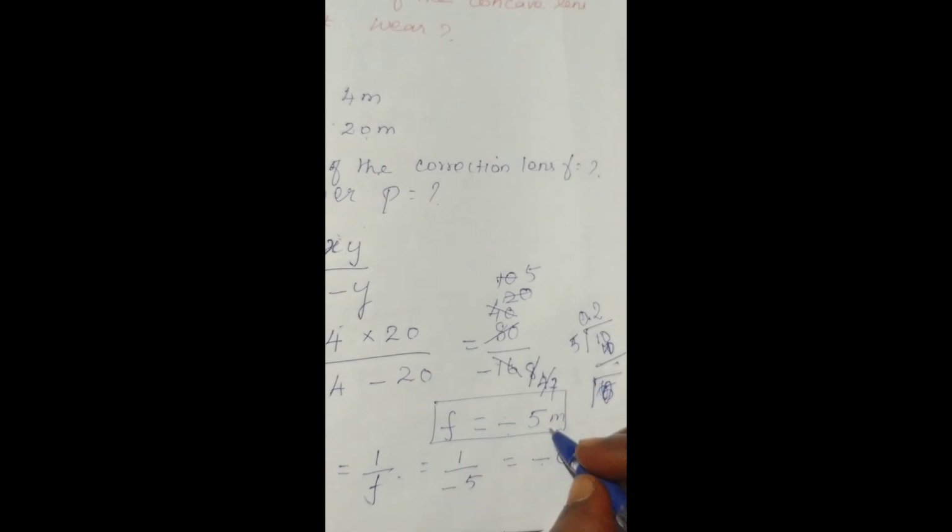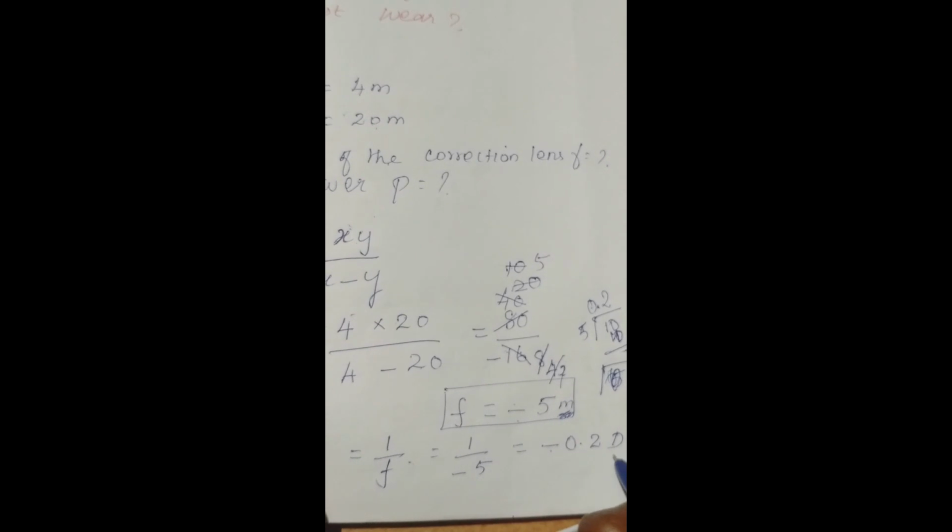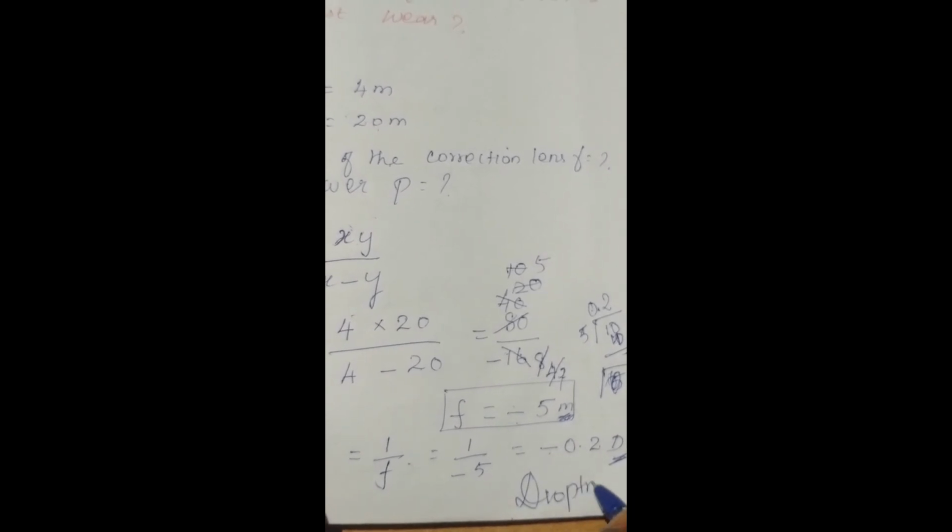Focal length unit is meter, but what is the unit of power of the lens? Diopter. The power of the lens is measured in diopter, so you have to put the symbol D.